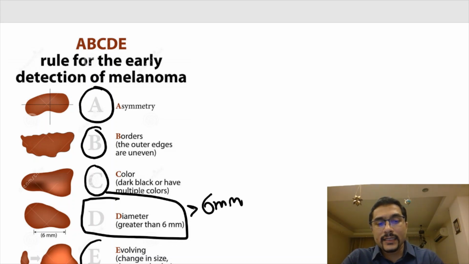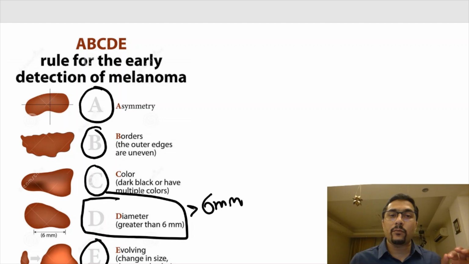And E is if it is evolving, change in size, shape, color. So if you notice ABCDE changes in any pre-existing mole, then that can be a pointer that it is getting converted into a malignancy. So this is regarding the first question.